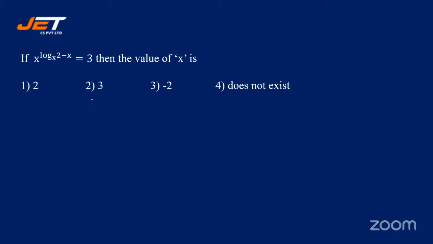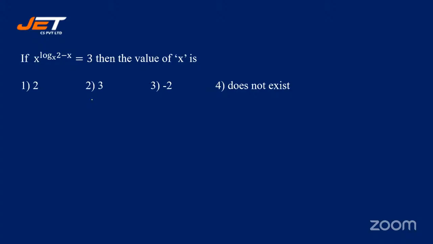If x to the power log 2 minus x base x is equal to 3, then find the value of x. So whether it is 2 or 3 or minus 2 or it does not exist. See, supposing we have instead of x, we have 1 or something, or if we have 3.